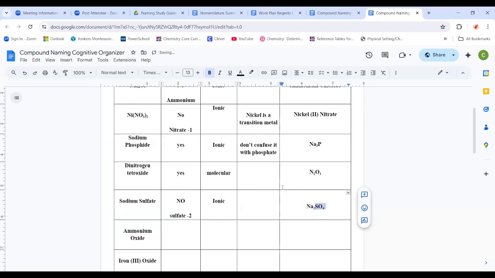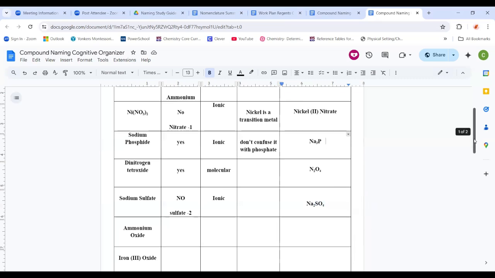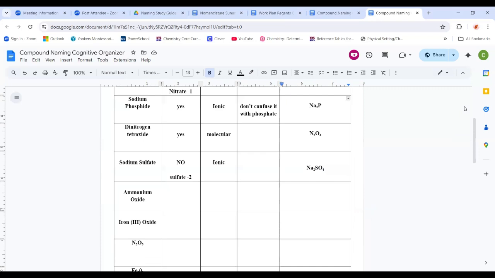The 2 I have to decide on the sodium because I'm balancing charges to write this formula. But sulfate comes as a package deal. Polyatomics just come that way, so there's no dispute about that. All right, ammonium oxide. Ammonium is a polyatomic. I memorized it, so I will definitely know that it is there.